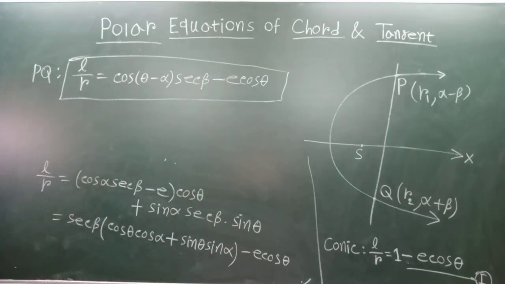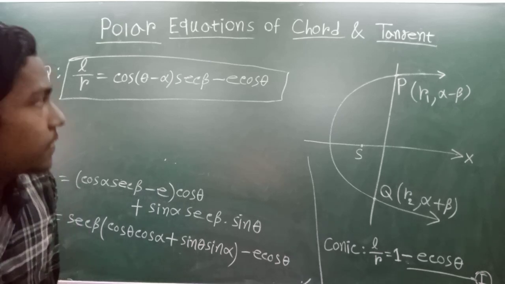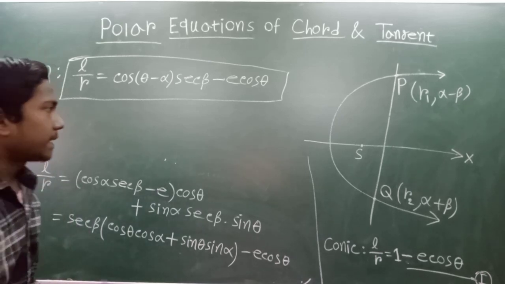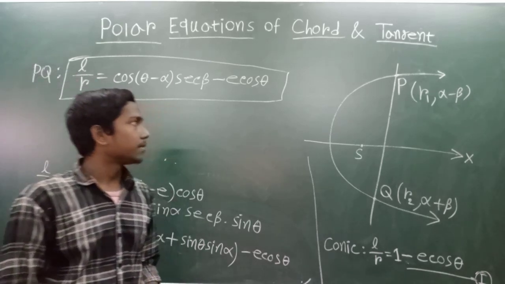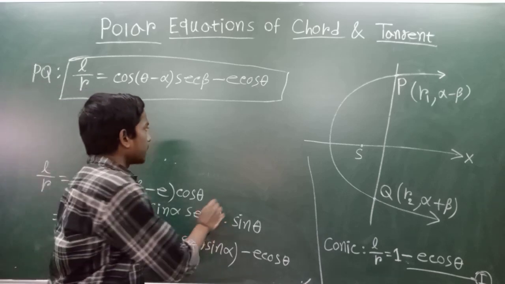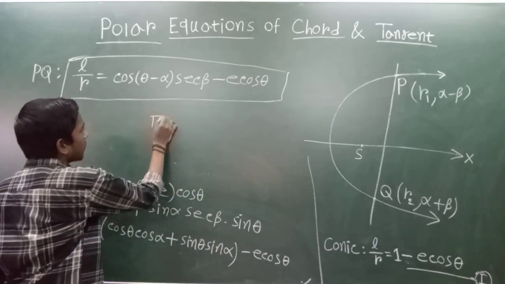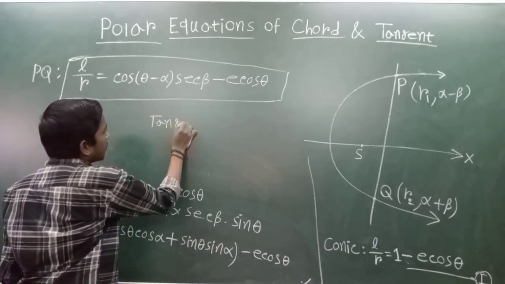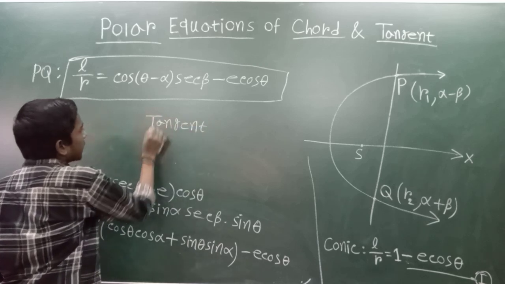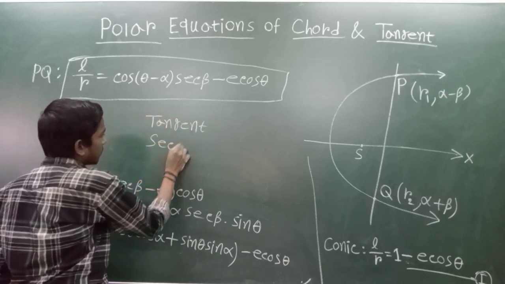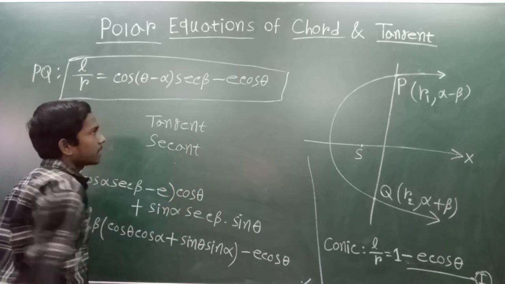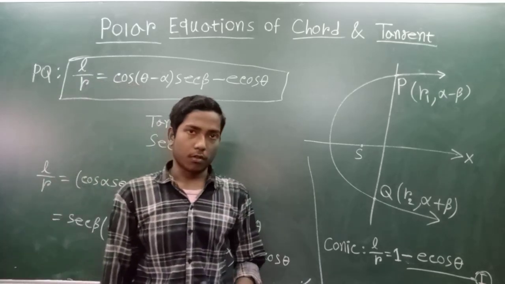Now we'll move forward to derive the equation of the tangent. Here I will mention two terms: one is tangent and the other is secant. Students, a secant is basically a chord.